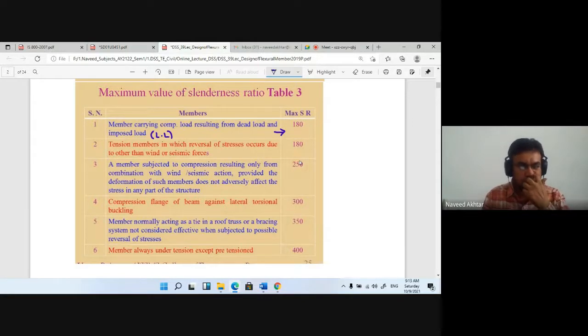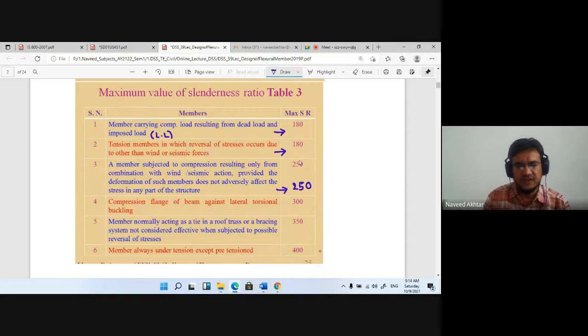Tension member in which reversal of stresses occurs due to wind or the seismic forces, it is also 180. Member subjected to compression resulting only from combination with the wind or seismic action, provided the deformation of such member does not adversely affect the stress in any part of the structure. For that, the slenderness ratio is 250.